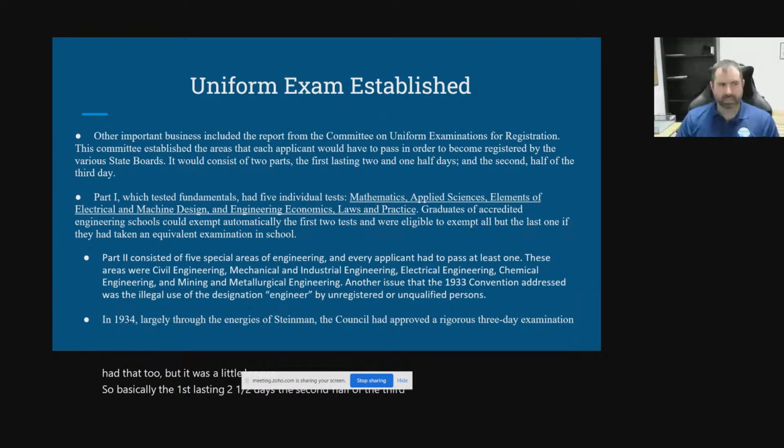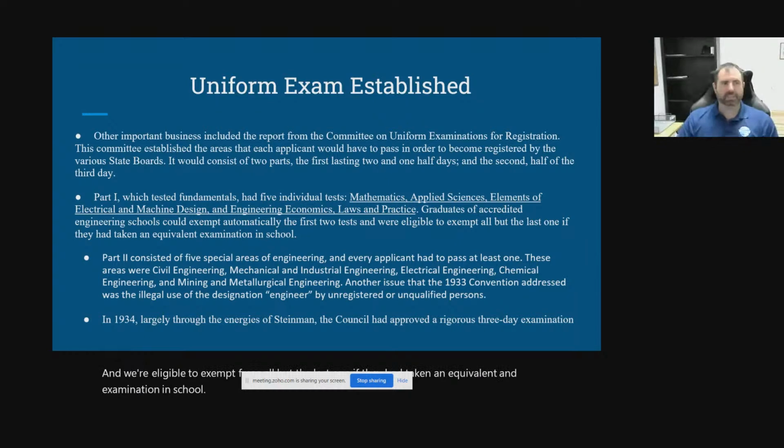So part one, testing of the fundamentals, had 5 individual tests: mathematics, applied science, elements of electrical and machine design, and engineering economics, laws, and practice. So graduates of accredited engineering schools could be exempt automatically from the first 2 tests, mathematics and applied sciences, and were eligible to be exempt from all but the last one if they had taken an equivalent examination in school.